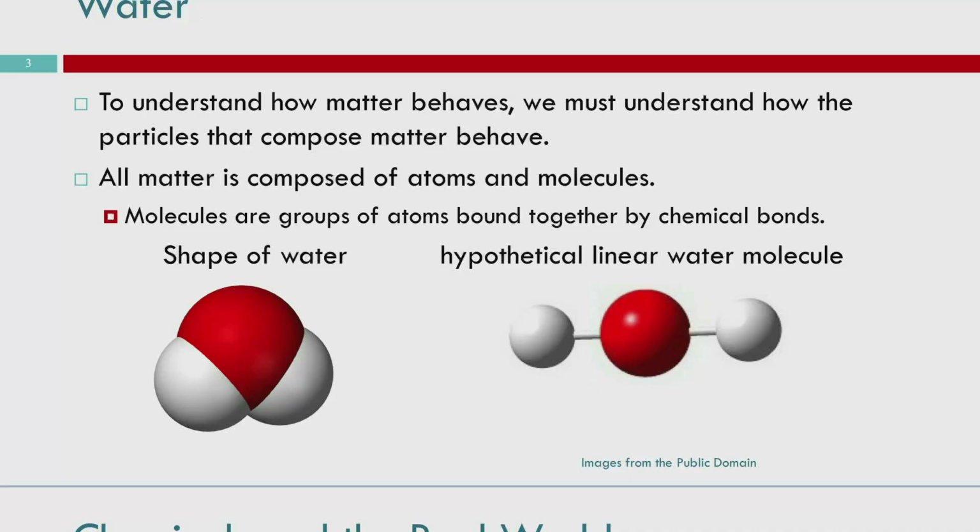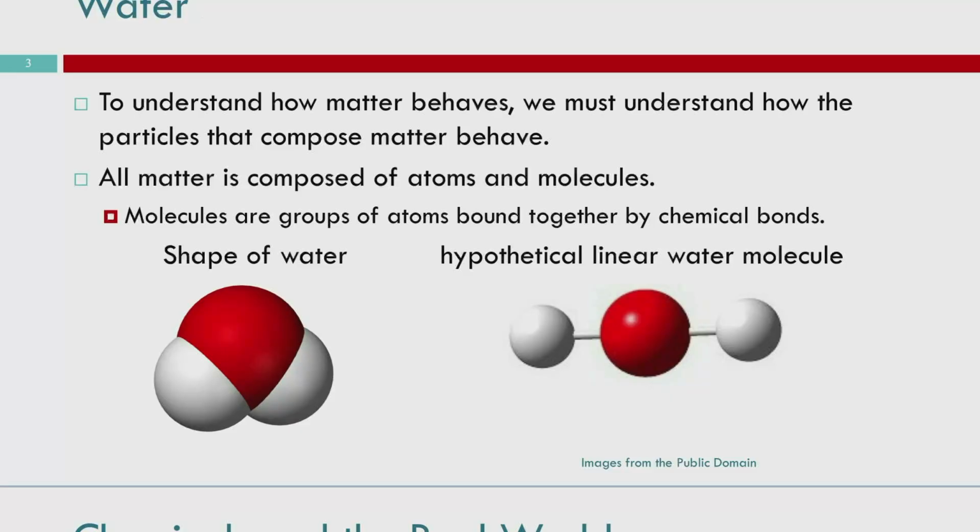If we were to draw up a theoretical diagram of what a water molecule looks like, representing different atoms as different colored spheres, we might come up with this hypothetical linear water molecule. In actuality, from testing and observation, we know that it has this bent shape. This might not seem like a big, important thing. Because of the way that water has this bent configuration, life exists.